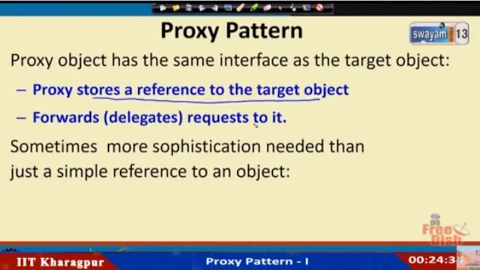Sometimes it does not just forward it or just make the method invocation on the server object, but also has its own wraparound code. It executes some code before calling the method of the target object, and also after the target object method completes, it might have some code to execute.